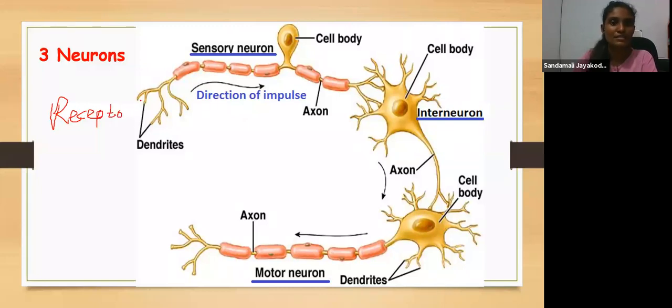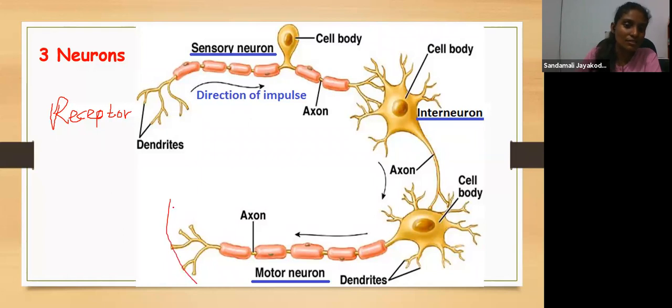So they take the information and transmit it along to the interneuron. The interneuron takes the information from the sensory neuron and transmits it to the motor neuron. The interneuron is in the middle of our nervous system, that is the central nervous system. Then it gives a particular signal to move our hand or whatever.